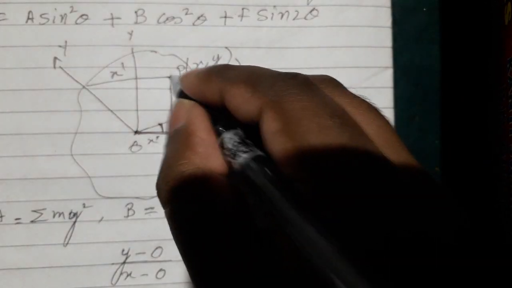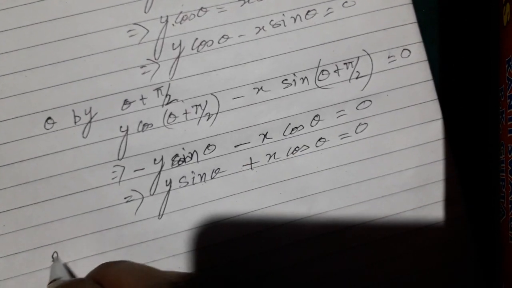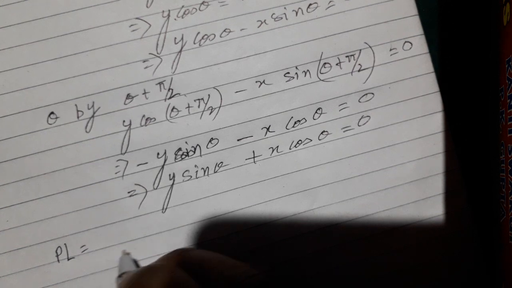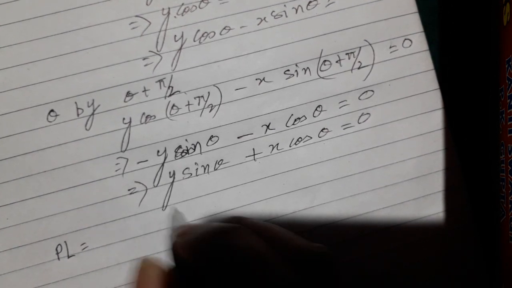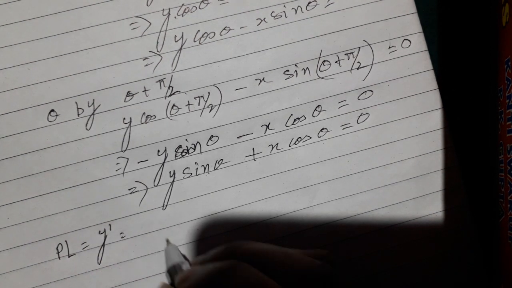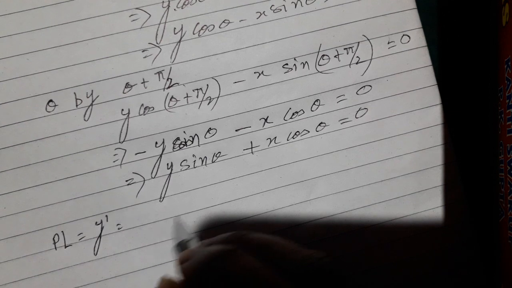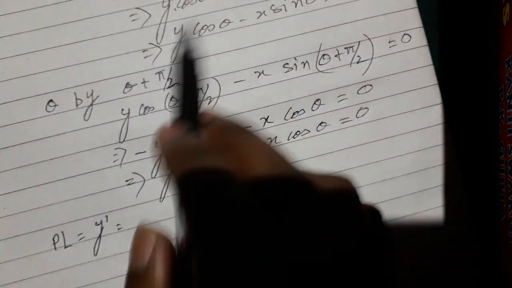So this distance from here to here I'm taking as PL, and this distance as PM. I want to find what PL and PM are. PL is nothing but y dash, which is the perpendicular distance from Ox dash. What is the perpendicular distance from Ox dash? This is the equation of Ox dash.